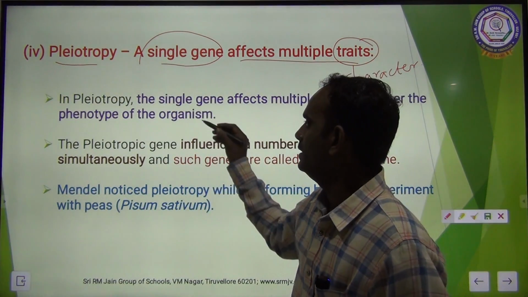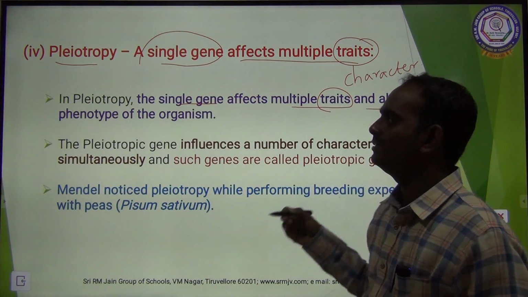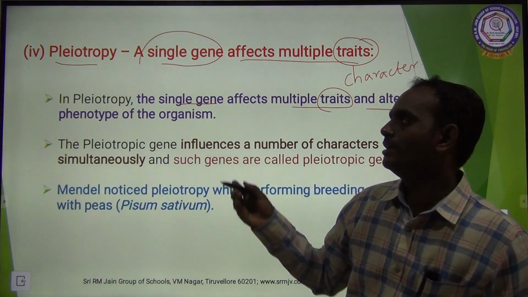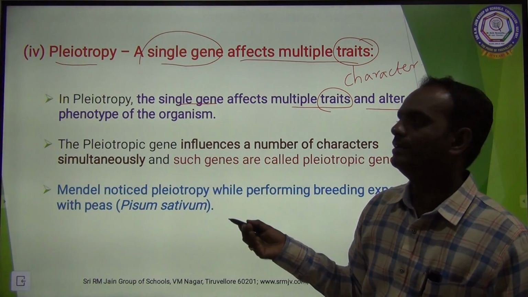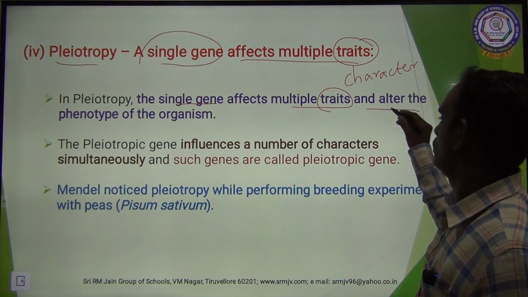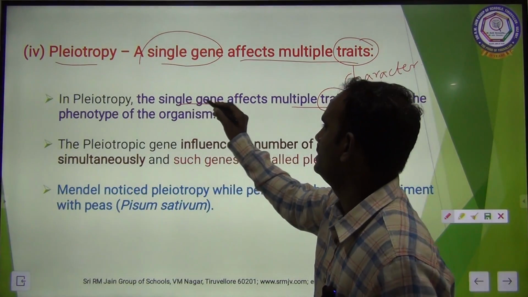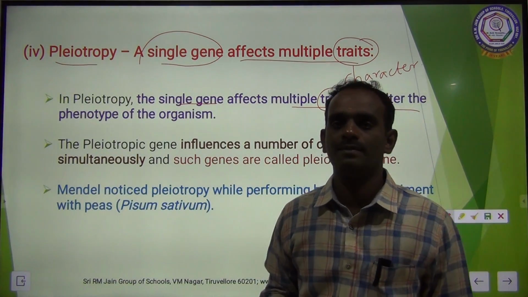In pleiotropy, the single gene affects multiple traits and alters the phenotype of the organism. One gene alters the characters, so the total phenotype is changed, no?